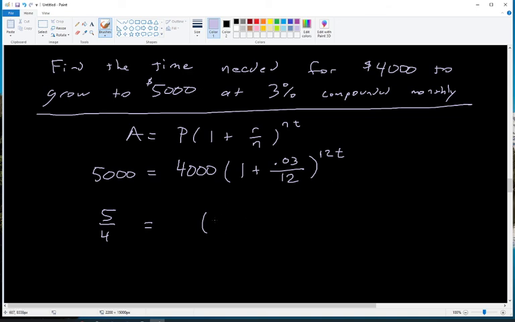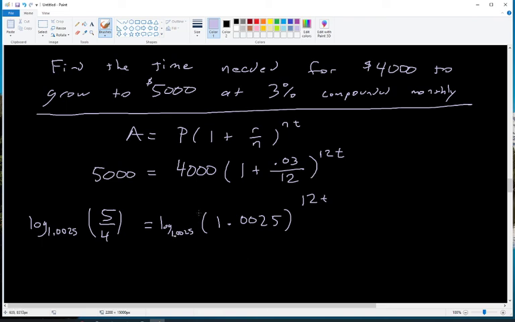And that is 1.0025 to the 12t. So this turns into a nice little exponential equation. We want to get rid of the exponential base 1.0025, so I have to apply a logarithm of the same base to both sides of the equation.